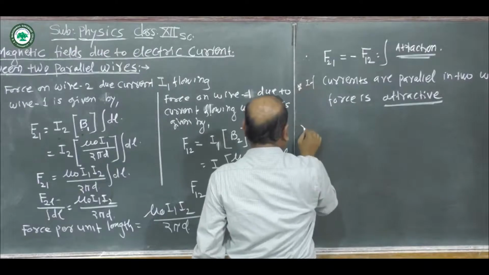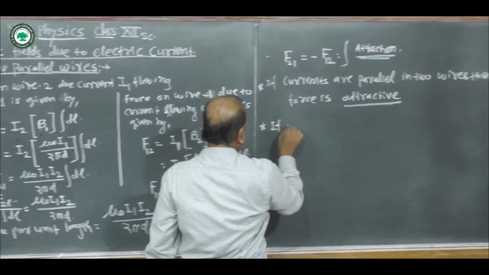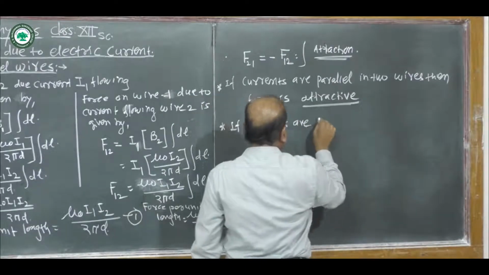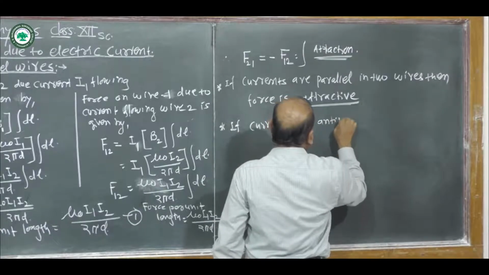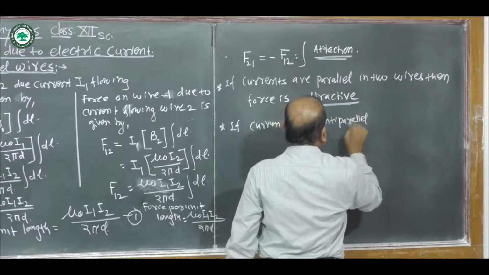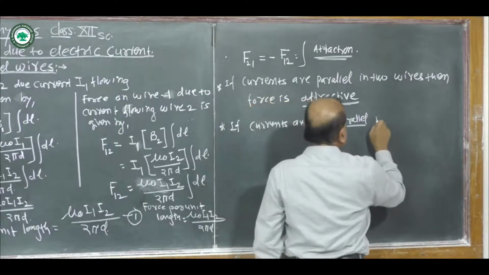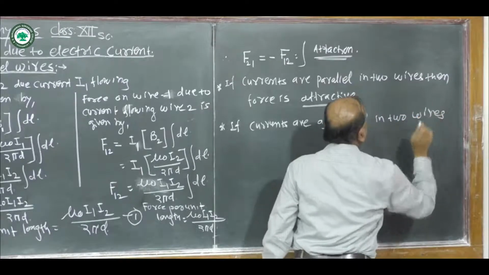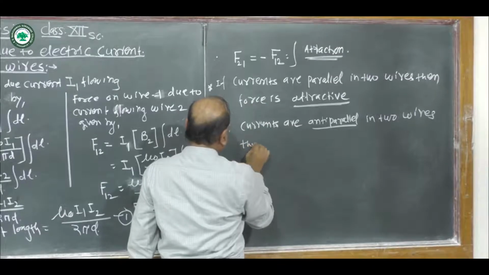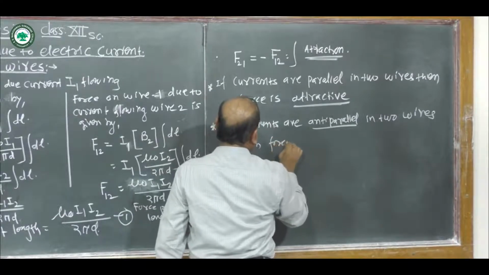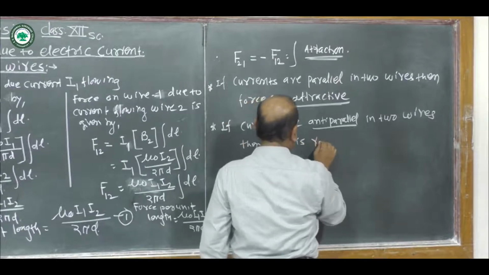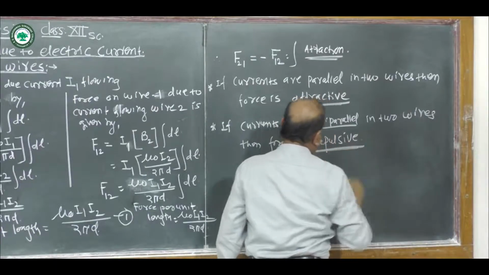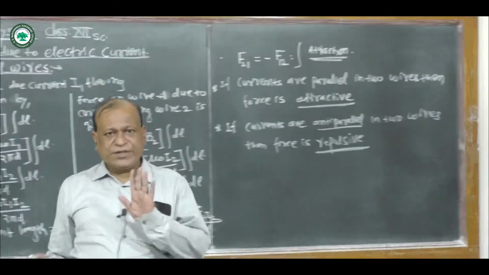This is the first remark, and here is the second remark: if currents are anti-parallel in two conducting wires, then the force is repulsive, a force of repulsion.